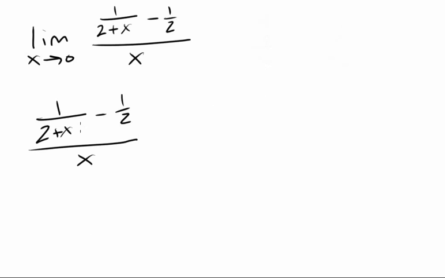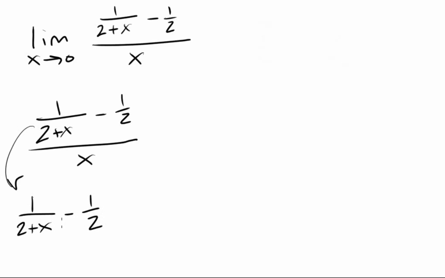Okay, so we're going to combine these into one. Let's take it down here, just the numerator. Bringing this down there. In order to combine these into one, we have to have the same denominator.